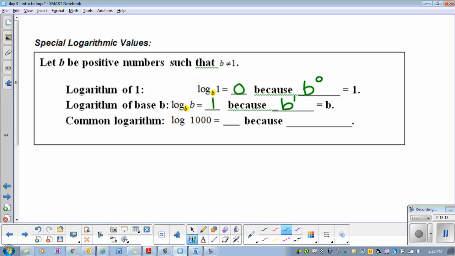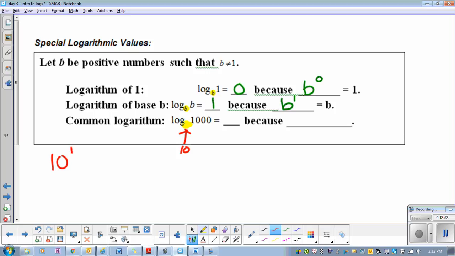Okay? So then what about this with a common log? Log of 1,000. Well, there's no base here. What did I tell you guys the base is when it's spelled out log? 10. Okay, so if that base is 10, then 10 to the what power gives you 1,000? 10 to the what? Just a rule of thumb, okay?